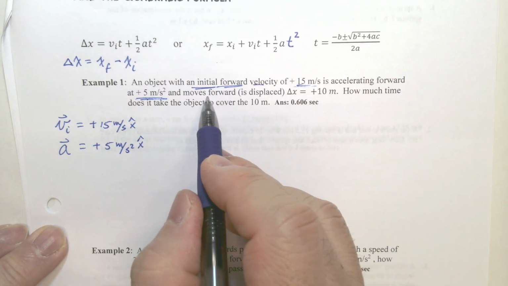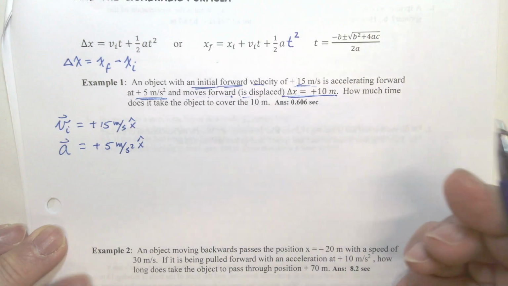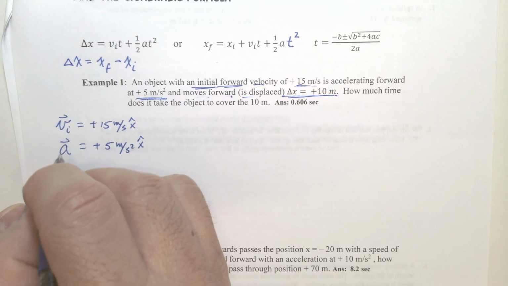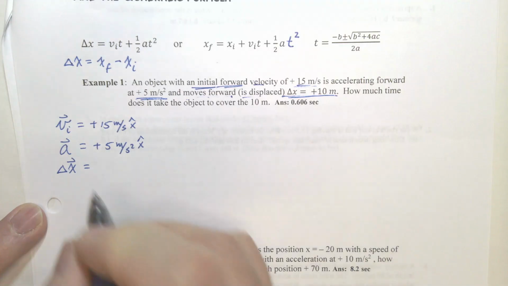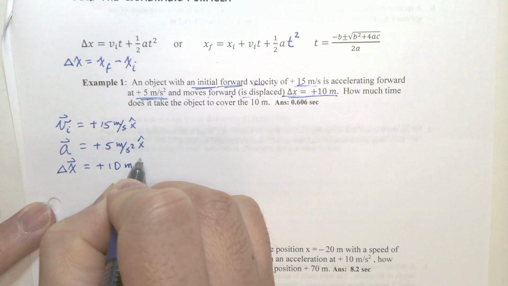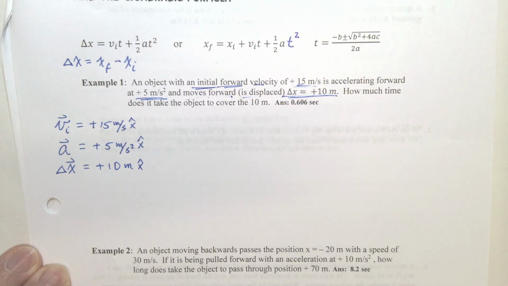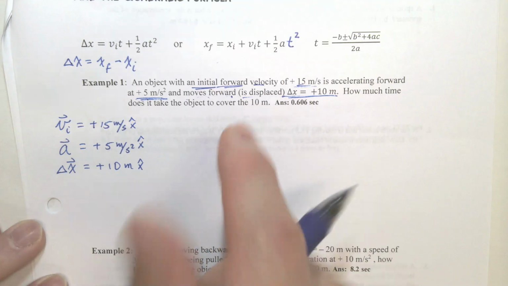And moves forward and is displaced delta x of positive 10 meters. So it's telling us my delta x, which is change in position, happens to be positive 10 meters in the x direction.